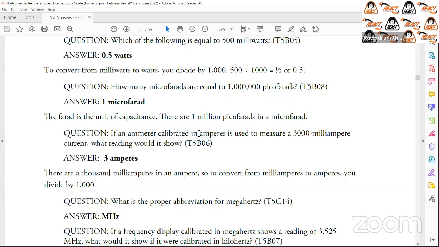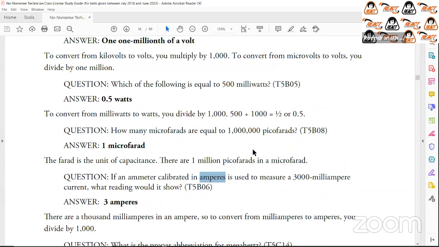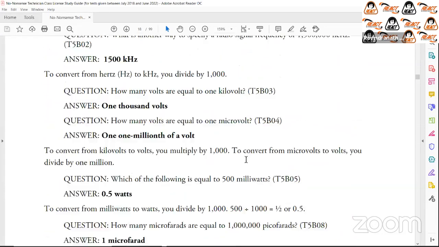So we need to get the reading in amperes, but we are measuring something that is 3,000 milliamperes. So we need to go from milliampere to ampere. So we wonder, what do we have to divide by to go from milliamperes to ampere? So let's look at the table again, milliampere to ampere.